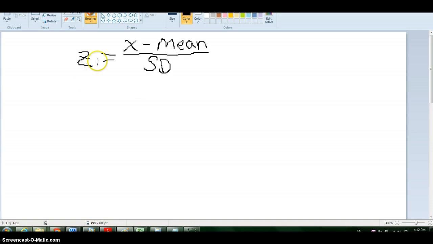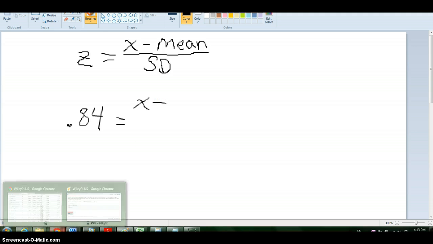Pretty ugly here, but you can see the typical formula for standard normal, and so our z, as we found out, was 0.84. X is the specific score we're looking at, so we actually don't know that.